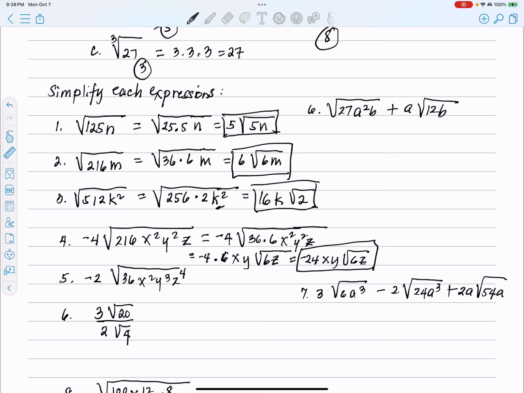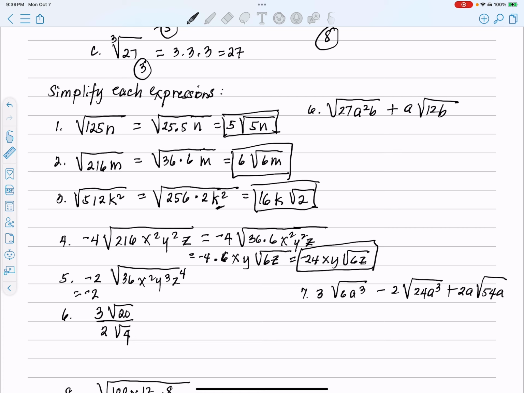How about number 5? We have a negative 2 times square root of 36 x squared y to the third power z to the fourth power. Let's factor first.